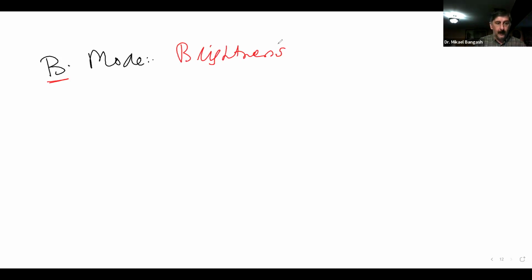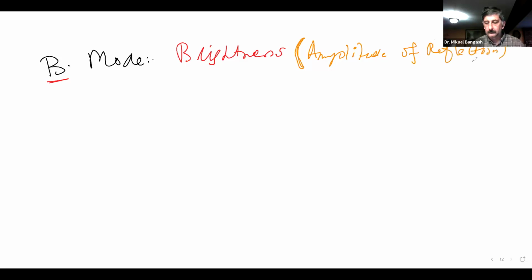What we will see in just a little bit is that this brightness also will represent the amplitude, and just to be a little bit more specific than the book, the amplitude of the reflection.